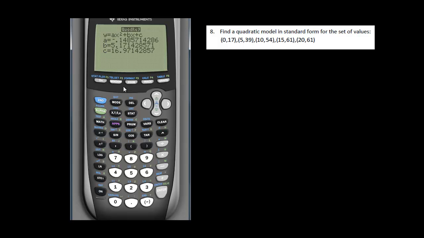A, B, and C values. So let's write those down. The A value was negative 0.14857. B was 5.17.